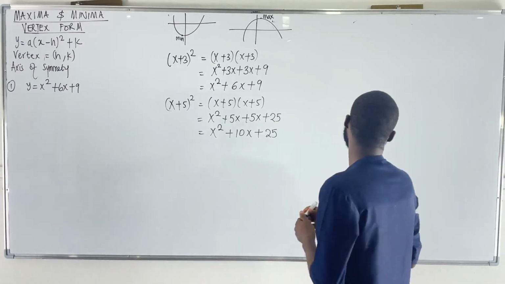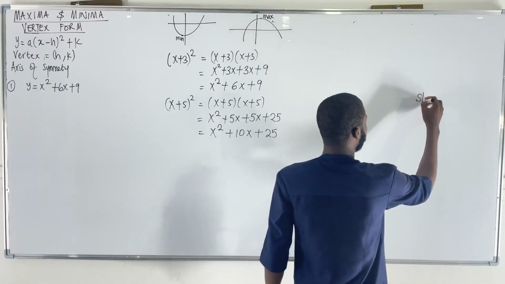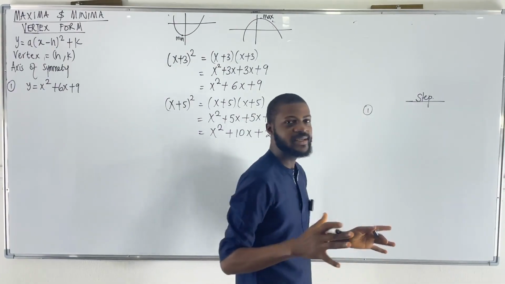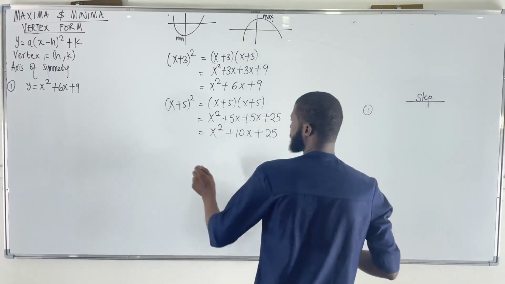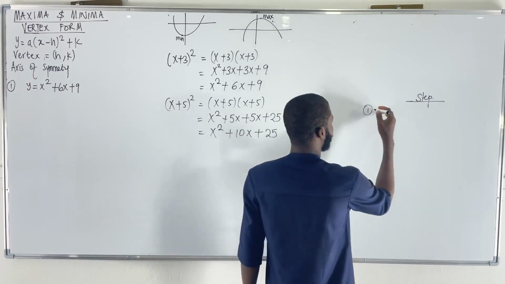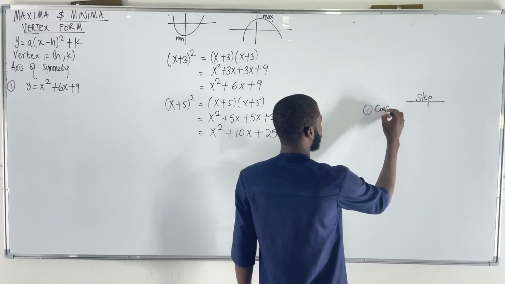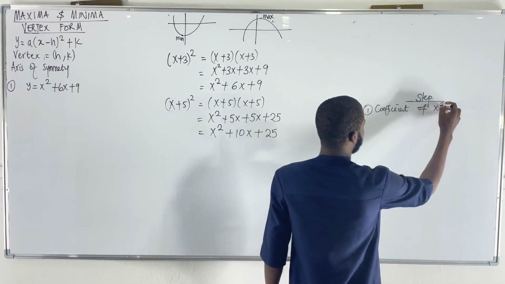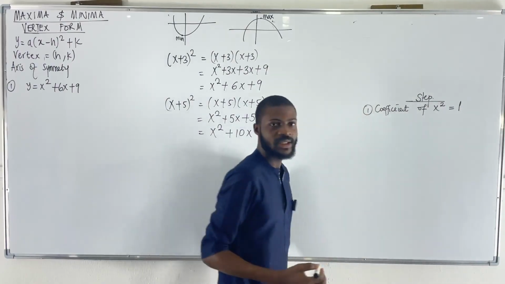Now, the first step, or let me put this step here, procedure. The first step, I always love saying that the coefficient of x squared must be 1. Now, what does this tell me?